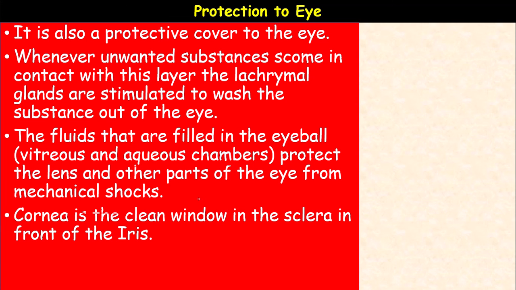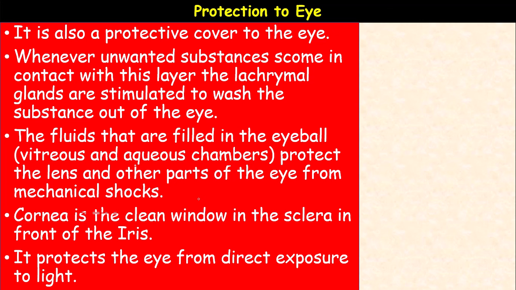Next, the cornea. The cornea is the clear window in the sclera, the outer layer in front of the iris. It protects the eye from direct exposure to light.